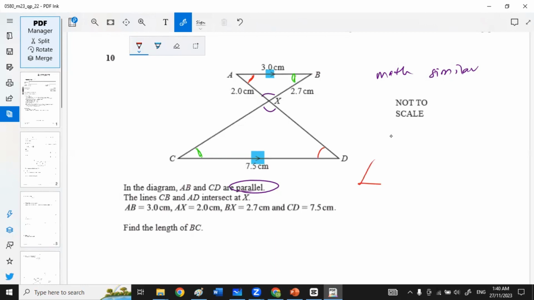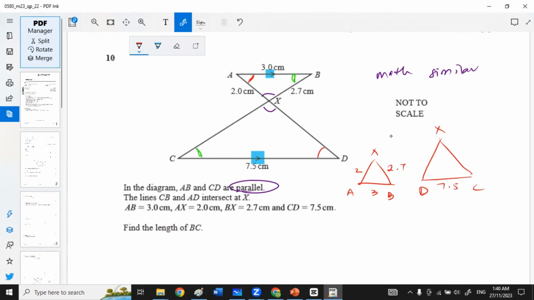Therefore, you should get two triangles, here A, B, X, and the other one is the bigger triangle, X, D and C. So this is 2.7, this is 2, this is 3, this is 7.5.